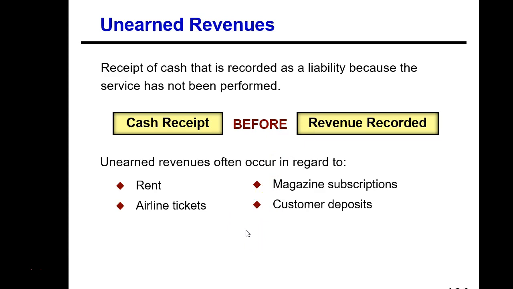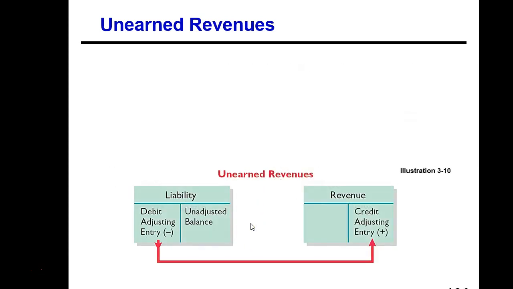When we have these unearned revenue transactions, we're going to make what's called an adjusting entry at the end of the accounting period. The adjustment will show us what portion of the unearned revenue has been earned by the end of the accounting period.